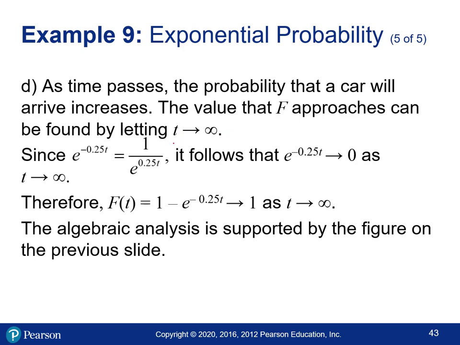And so if you want to do it algebraically, e to the negative 0.25t can be rewritten as 1 over that, with the negative taken off. If you plug in really, really big numbers here, this denominator is going to get huge. So this is like 1 over very big numbers, and 1 out of a lot is really like nothing.